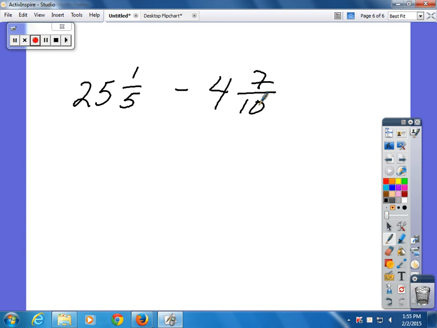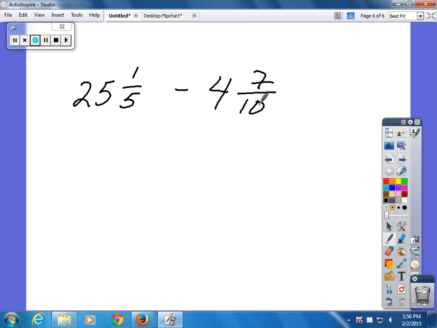Now, it doesn't matter really which one you pick. You can do it either way. If you pick doing the whole number versus the improper, with the whole number you're going to have to borrow. And 25 minus 4 and 1 could be, I think that comes out to be 2/10. 2/10 minus 7/10.